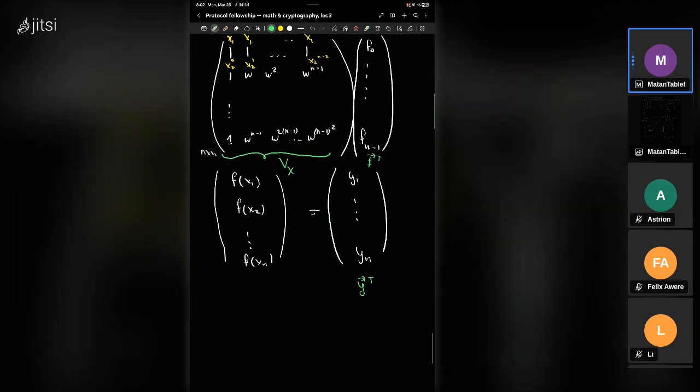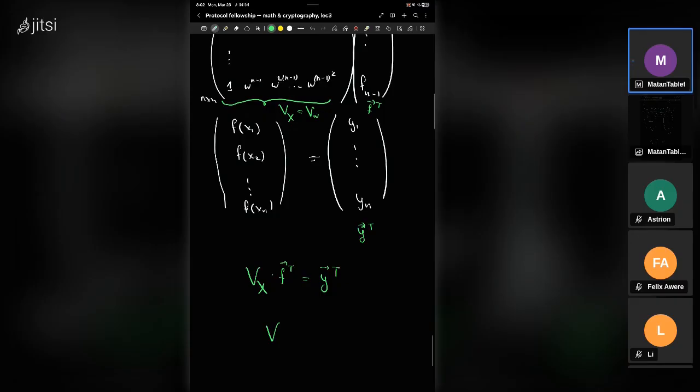The passage from vector to sampling is this matrix operation Vx times Ft, and you get Yt. In this case that you choose a W, this is sometimes called VW.